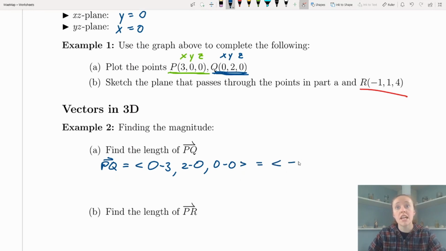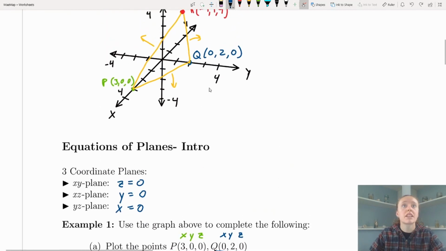So this is going to be -3, 2, 0 for our vector PQ. So you can see, essentially, we don't even have a third component that we have to worry about. Because remember, that vector PQ, if we were to look at this, PQ falls in that xy plane.